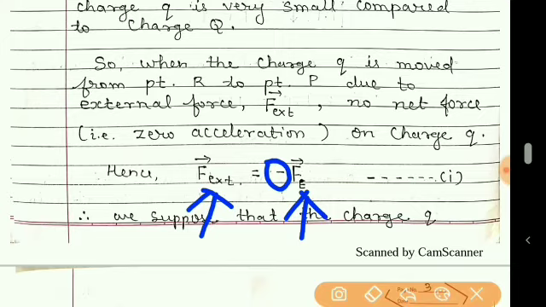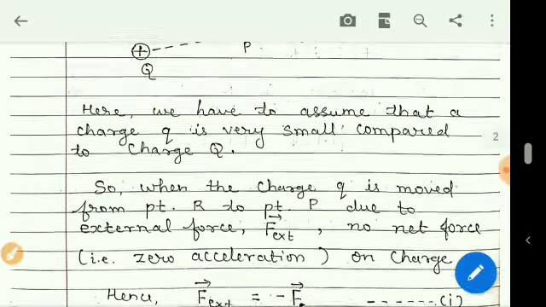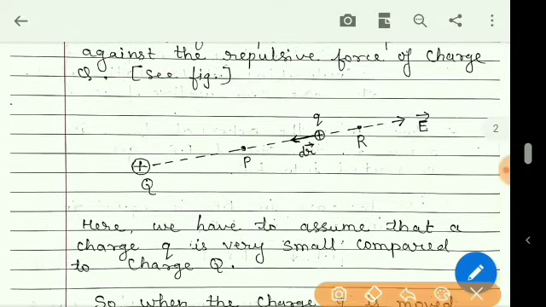So definitely in such cases the resultant force or the net force will become 0, and if the force is 0 then the acceleration is also 0, and if the acceleration is 0 then this charged particle must be moving with the constant speed along this path.